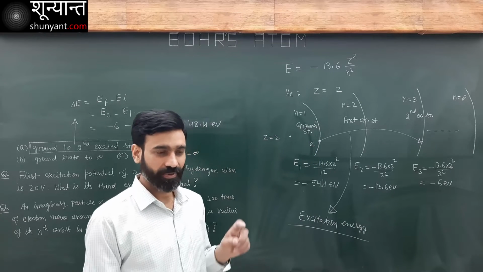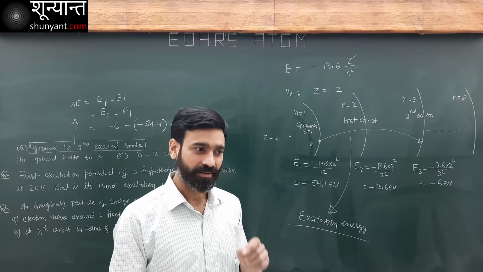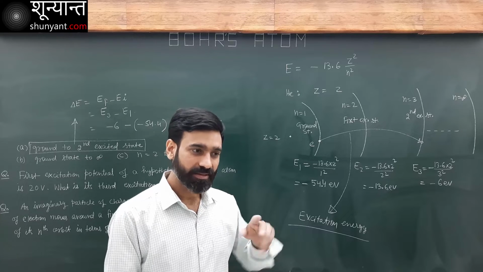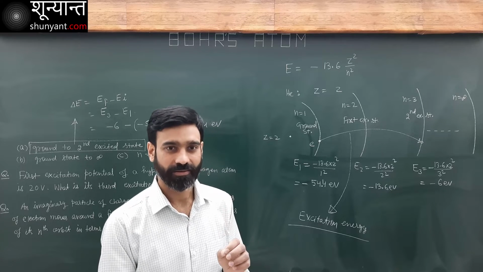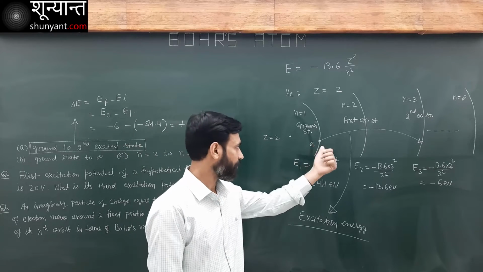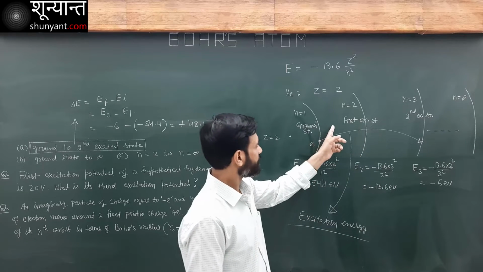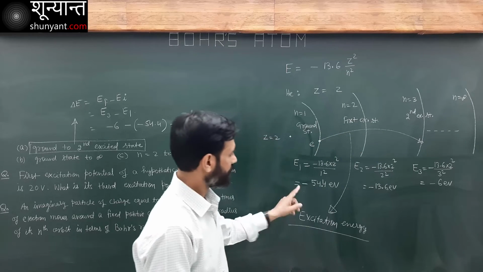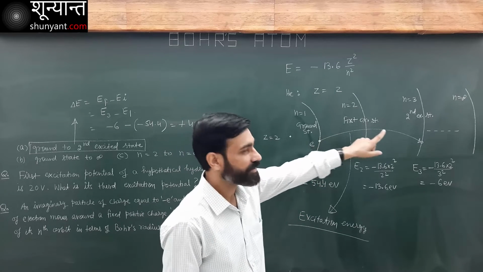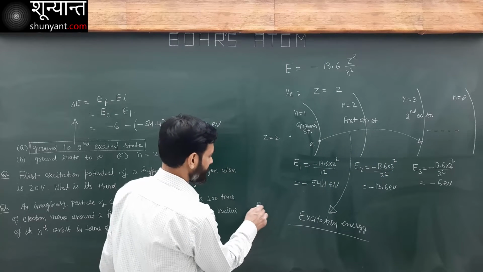All of these are different terms: excitation energy, ground state, excited state. Excitation energy is the energy required to excite an electron from the ground state to one of those excited states. Here the transition is happening from the ground state to the second excited state, and the required energy is known as second excitation energy.